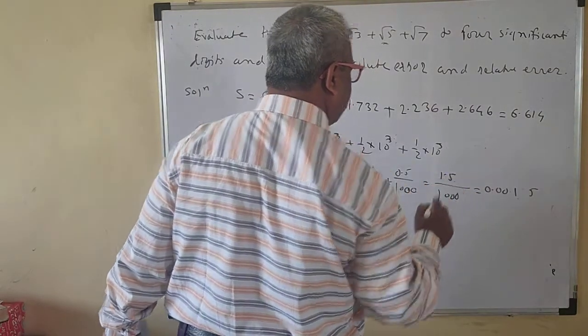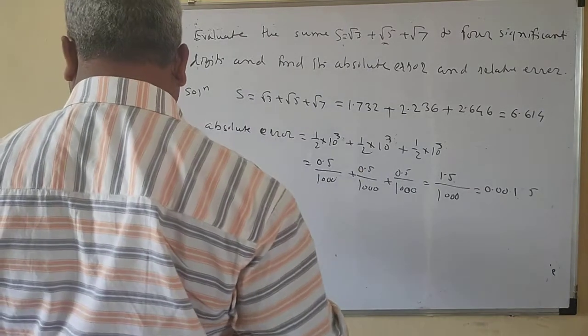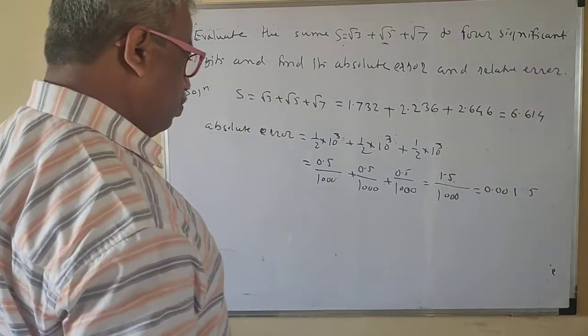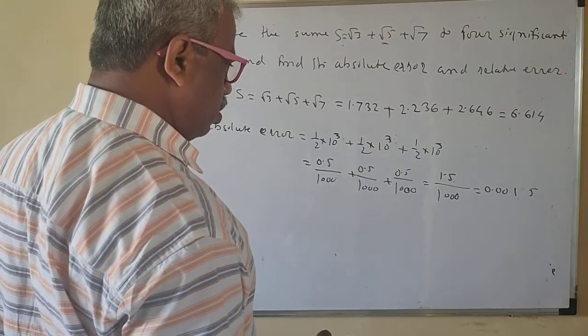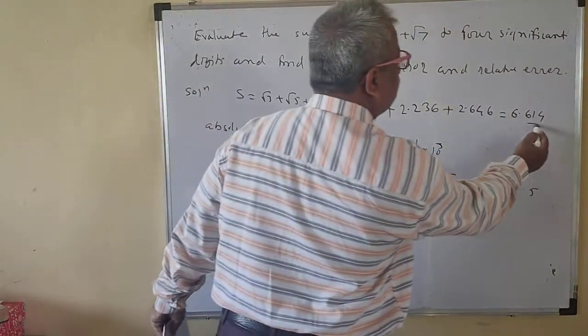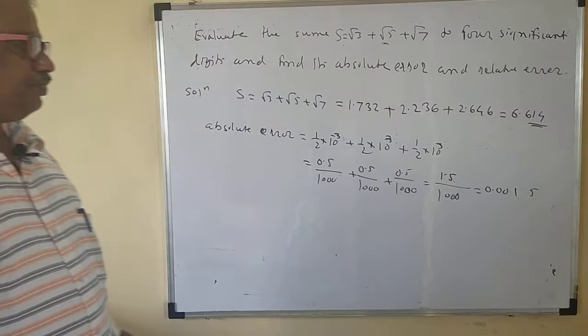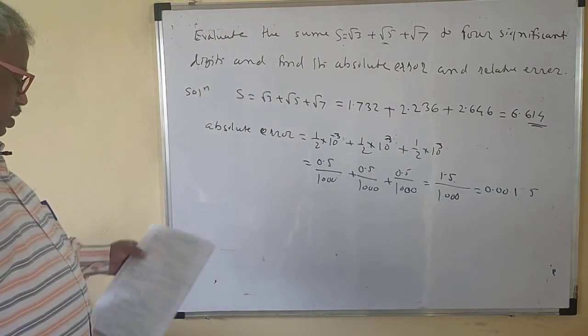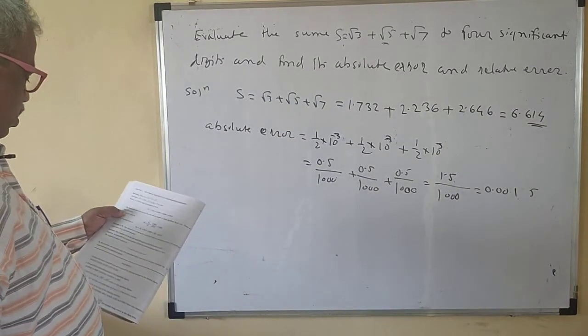So this is 3 now, because here it is 3 decimal places. Right? So this is 3 decimal places, so you get the absolute error.